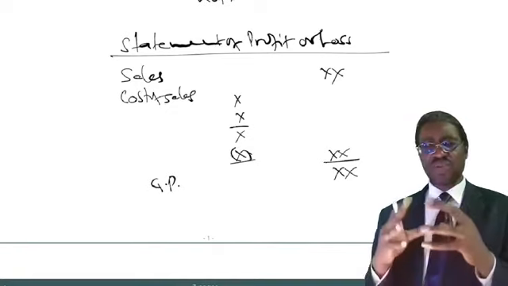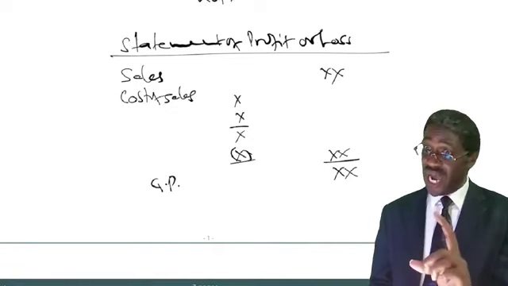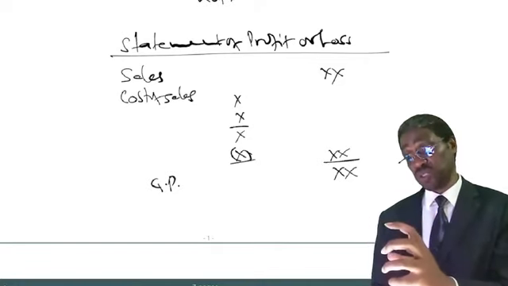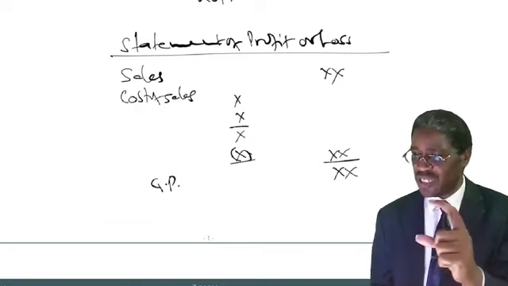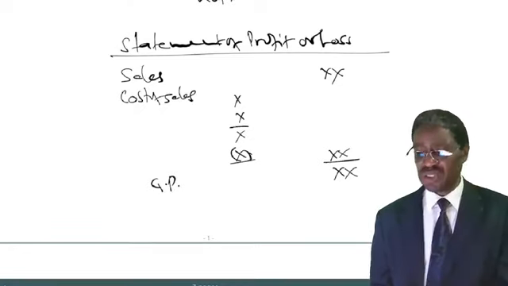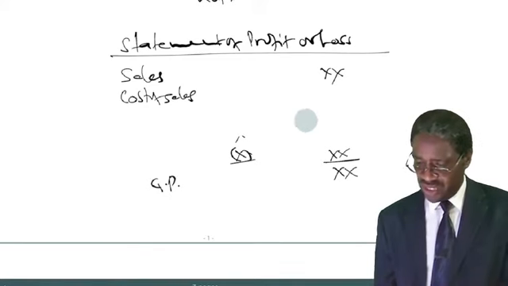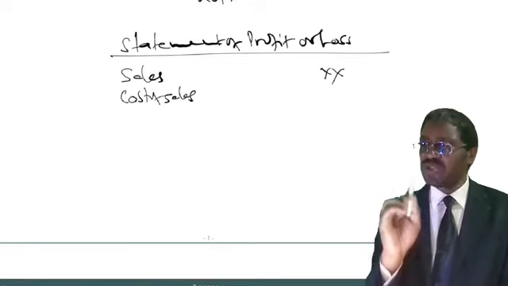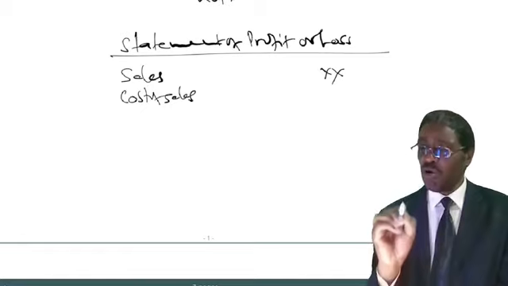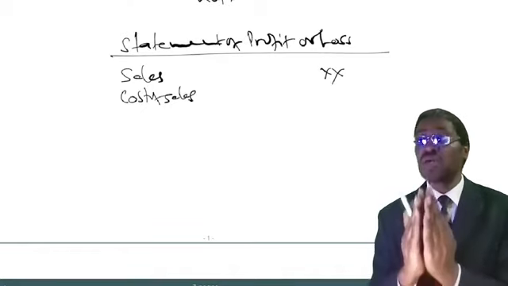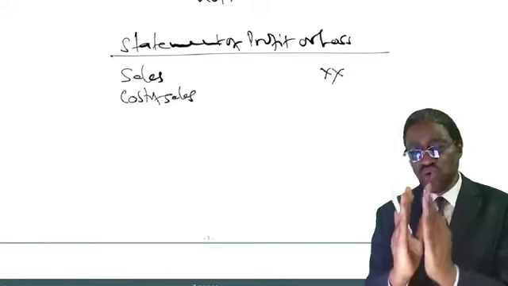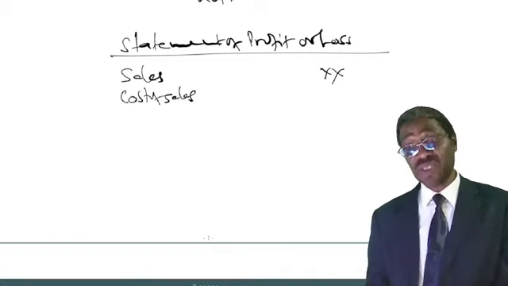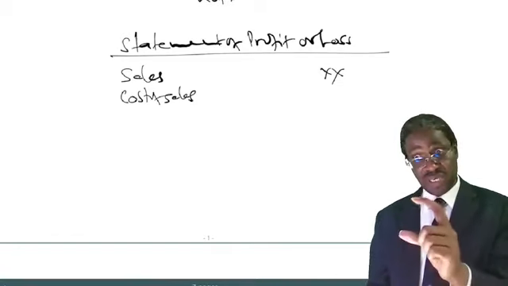Now, there is one key difference that I want to bring in. Whenever you are required to prepare this statement of profit or loss for publication purposes, one of the rules is that you are not required to show the workings of the cost of sales on the face of the income statement, like I've shown you before.